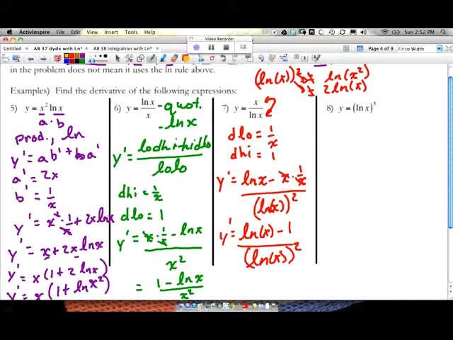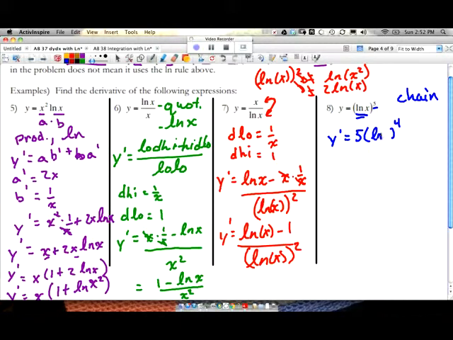Okay, what do we got now? Chain rule. How do I know it's chain? Well, a couple of reasons. I see an inside here, and I see an outside. So let's work our way through the outside first, and then to this second layer, natural log of x. So y prime, outside layer first, 5 times something to the 4th.